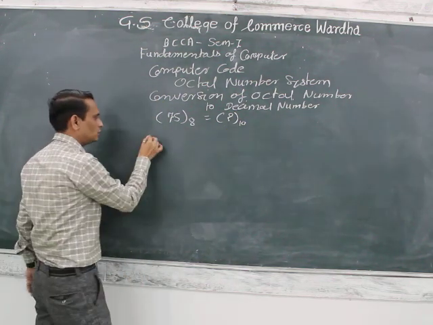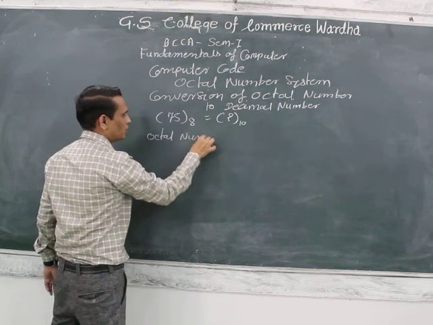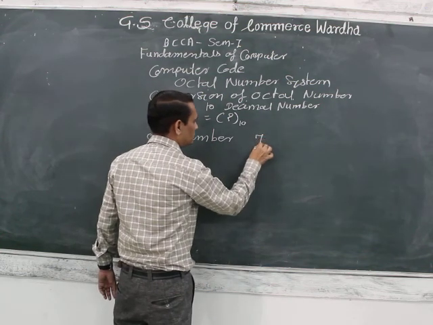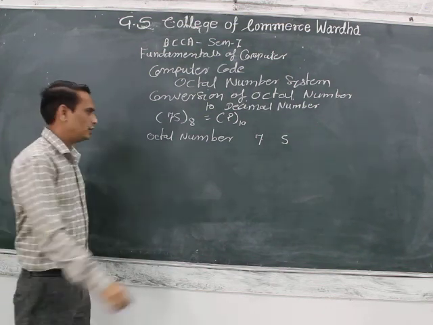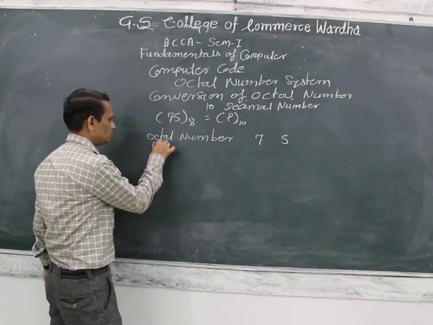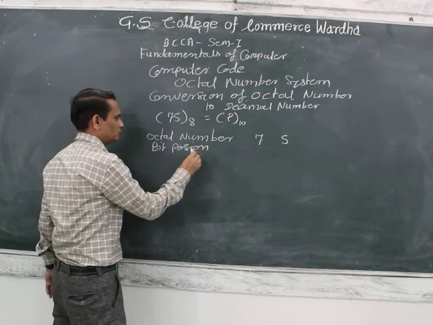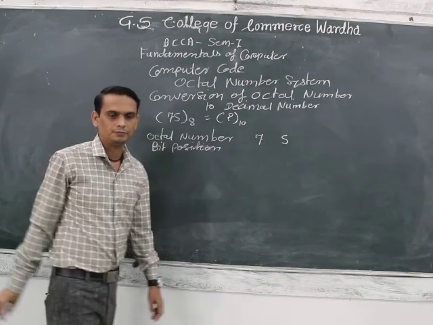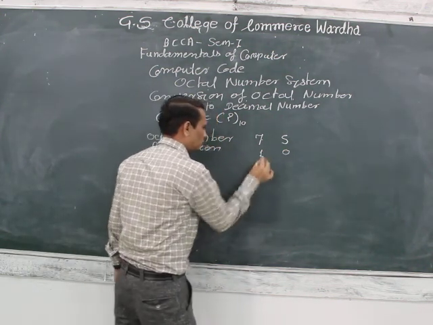So we have the octal number 7 and 5, that is 75. Its bit positions are 0 and 1.